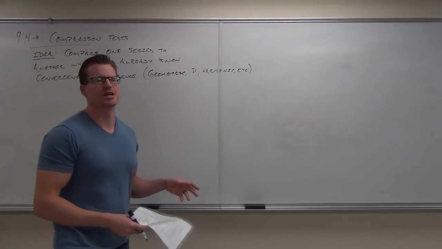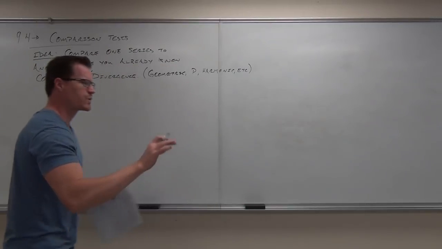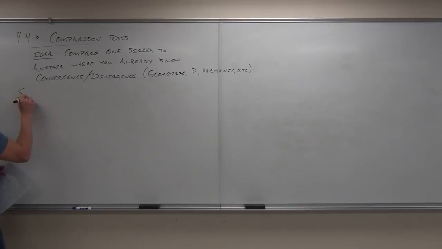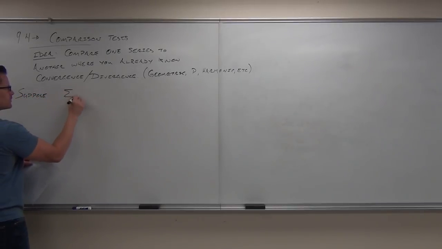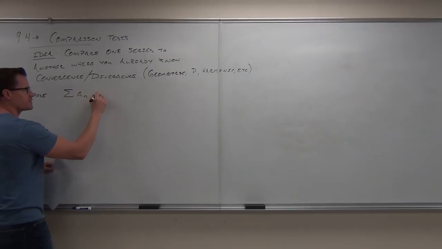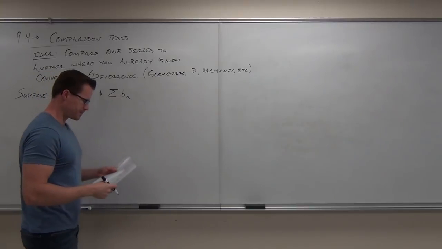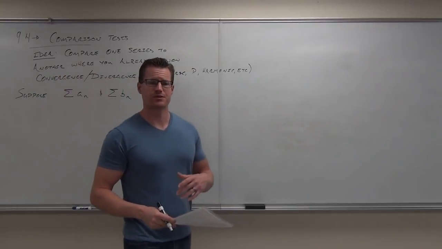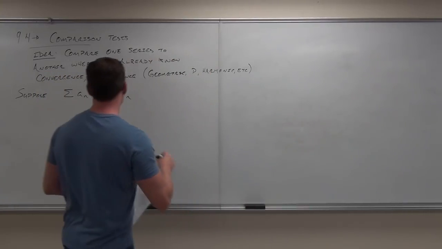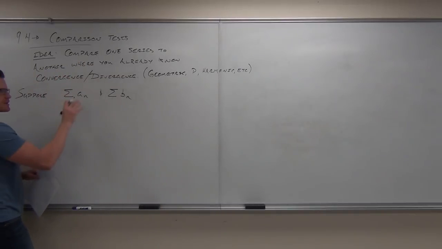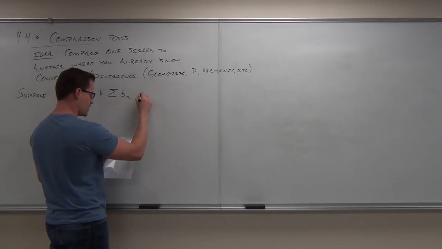So here's where the comparison test comes in. It says, all right, so suppose we have two series. We have a series of A sub n, and we have a series of B sub n. And both of these are series with positive terms.